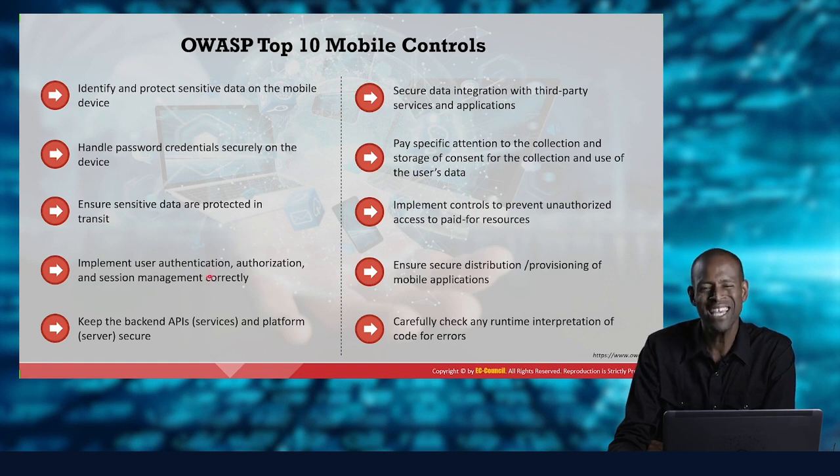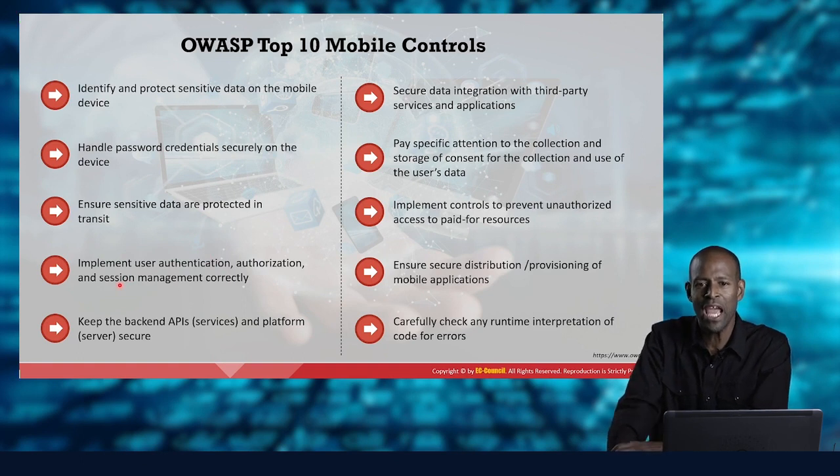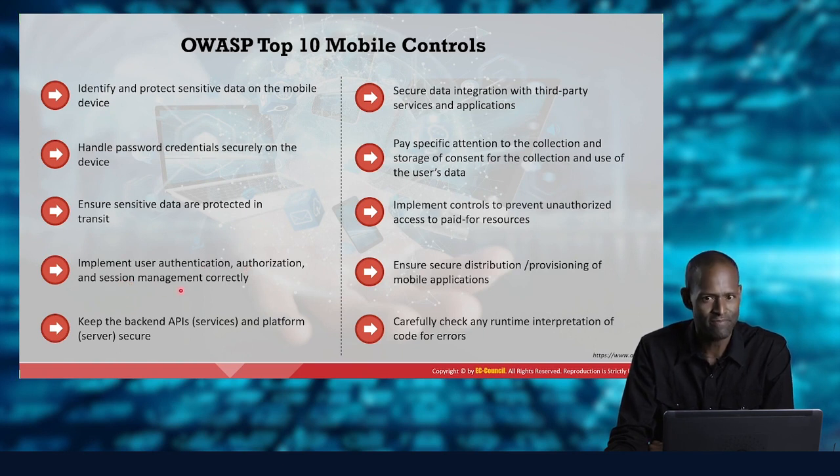We need to implement good controls. One of those controls is IAM and AAA, right? And over here we see AAA, authentication, authorization. It doesn't say accounting. They're talking about session management. So this isn't AAA, this is AAS: authentication and session management. We want to protect our APIs.